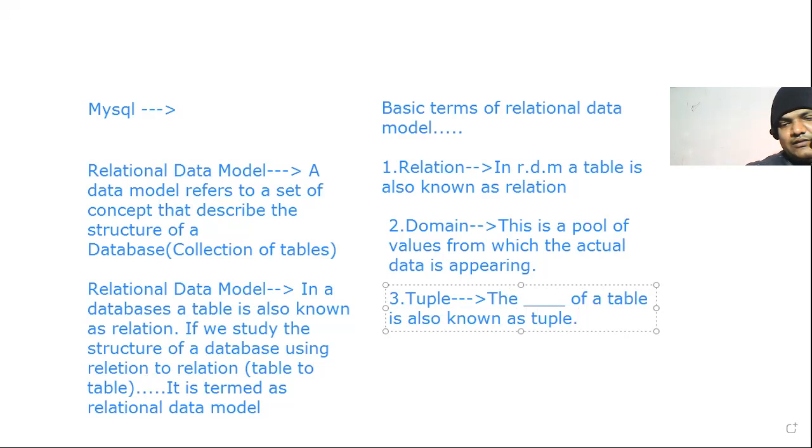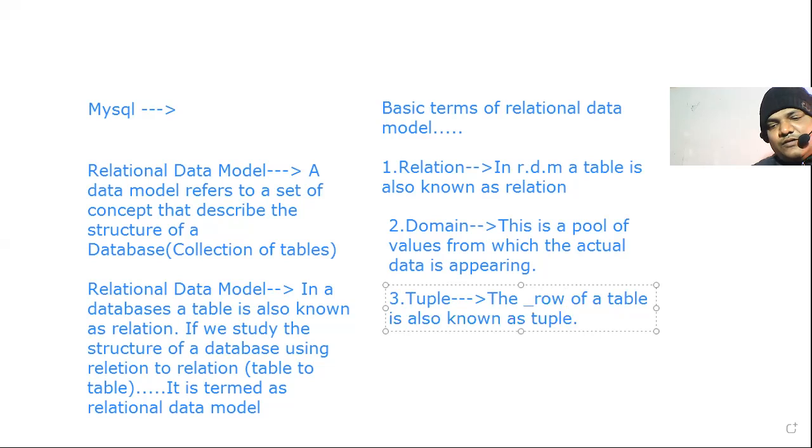Can anybody remember what I have told you? The fill in the blanks of a table is also known as a tuple. I explained in the first class that the other name of a component of a table is tuple. Listen carefully, it was row.